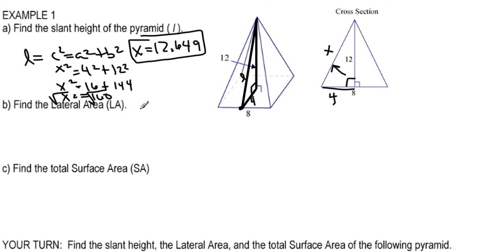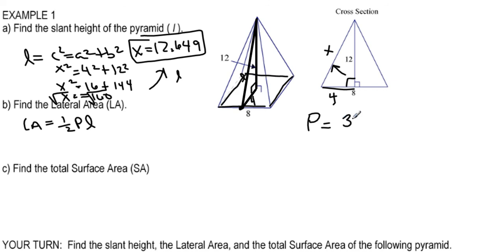Okay, so to move on, the lateral area is 1/2 the perimeter of the base times the L, slant height. Well, here's our L. The perimeter of the base, let's find the perimeter of the base. Well, the base is a square, so we would add 8 plus 8 plus 8 plus 8, and we would get 32 for the perimeter of our base.